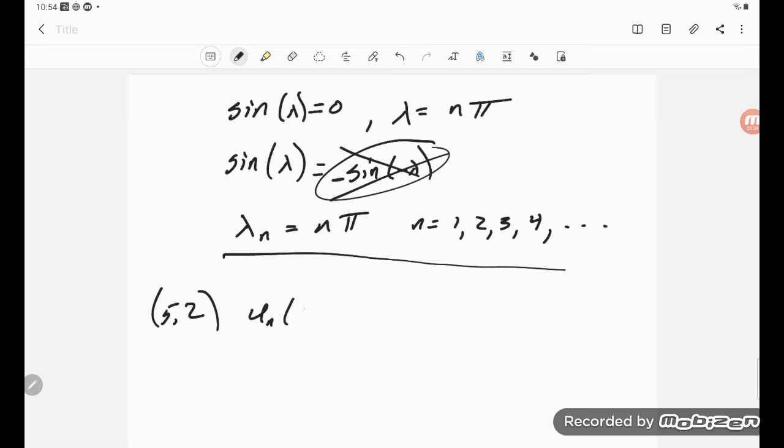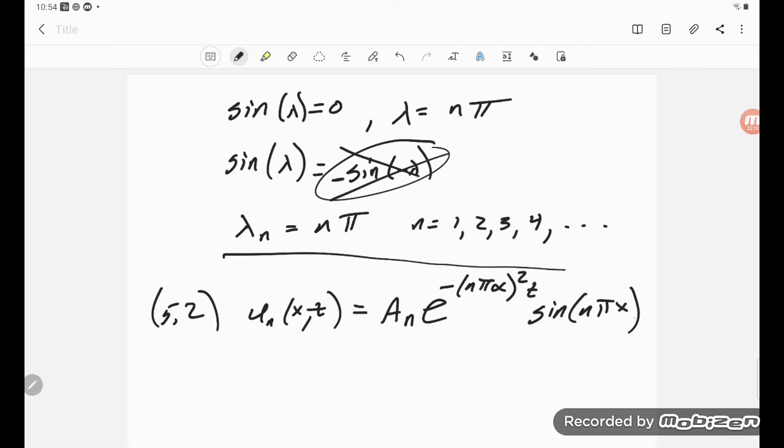Each u sub n, so we said there could be an infinite number of these possibly, is just some a sub n, which we'll have to figure out, times e to the minus, and they just go ahead and make that substitution of n pi, so n pi alpha squared, t, and then sine of n pi x.